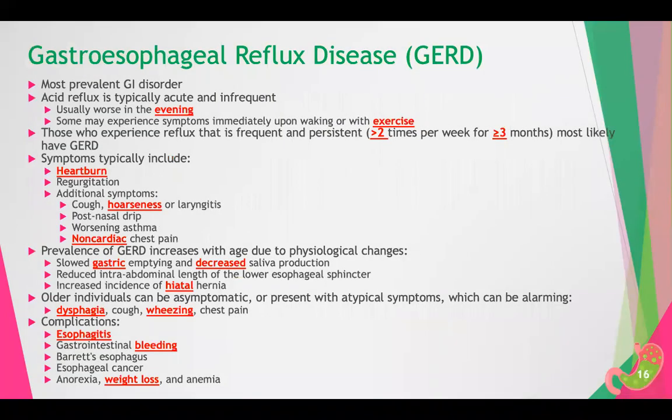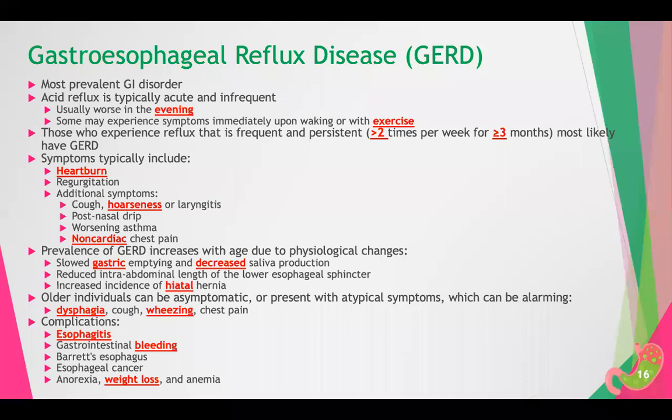So now we'll get into gastroesophageal reflux disease, or GERD, and it is one of the most prevalent GI disorders. And if you guys remember from patient counseling last semester, we talked about acid reflux and how would we know if someone has GERD versus just infrequent reflux. So acid reflux typically is acute and infrequent, and it's normally worse in the evening.